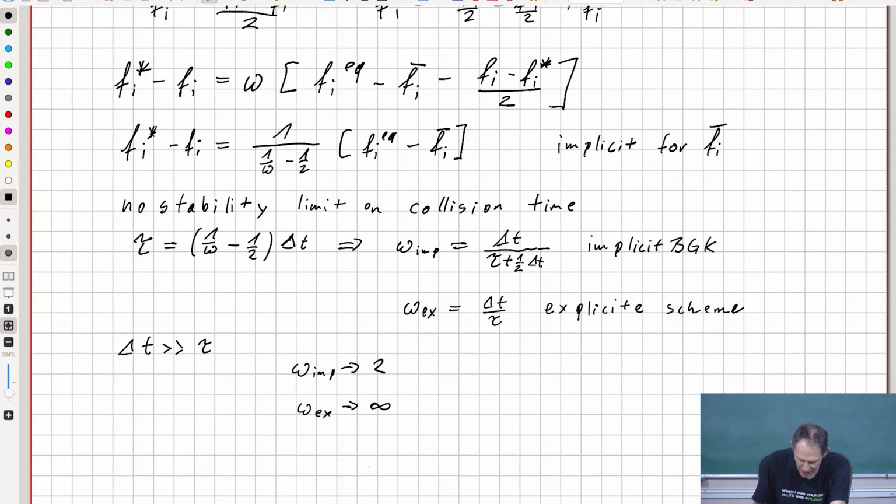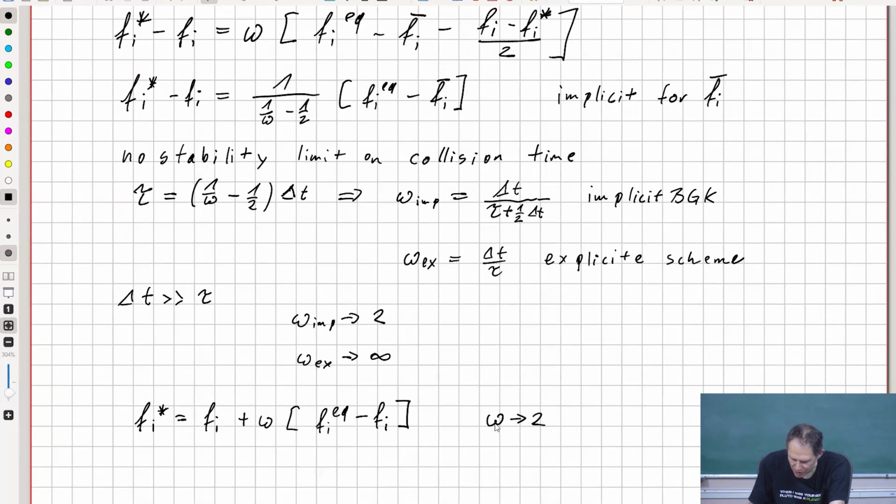So if we just look at what happens to this operation for omega equal to 2, as we had in the discussion already a little bit: omega equal to 2 means no viscosity.